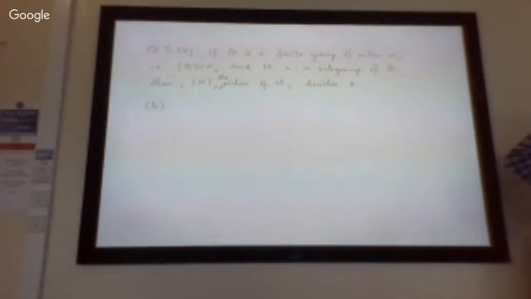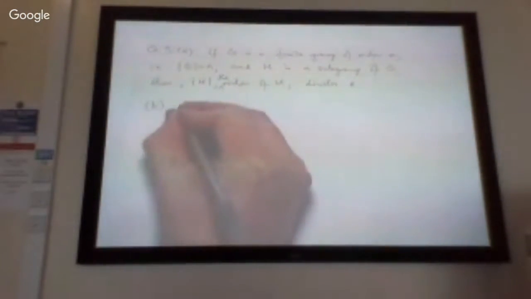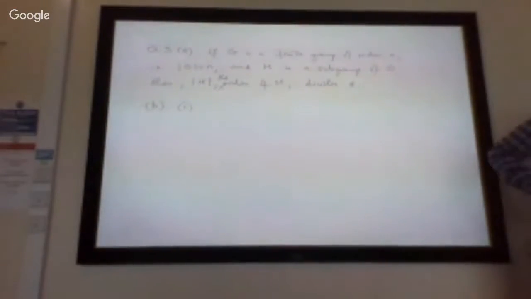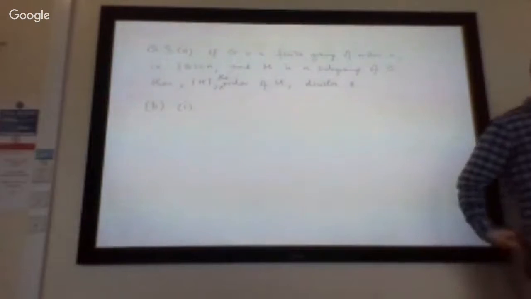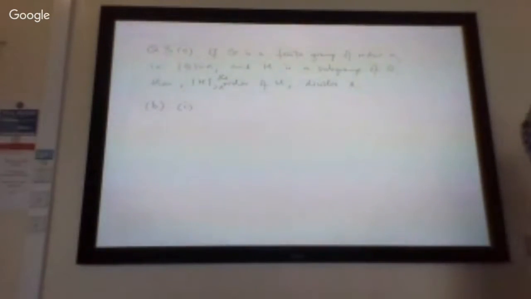So 1, 2, 3 are various preparatory results, and then part 4 says show how they can all be put together to prove Lagrange's theorem. The proof we did of Lagrange's theorem uses the language of cosets. So state the definition of the left and right cosets of H in G.